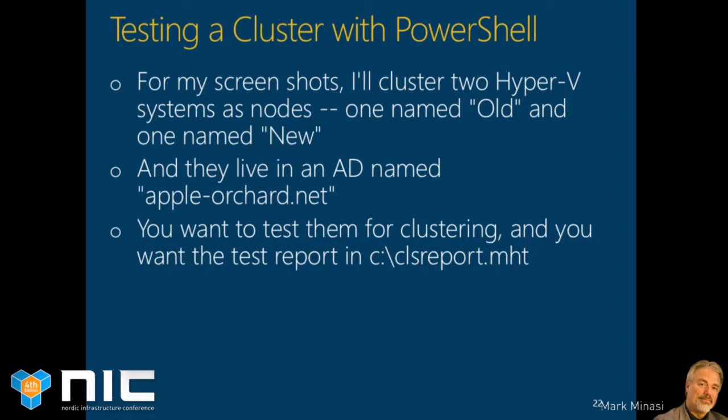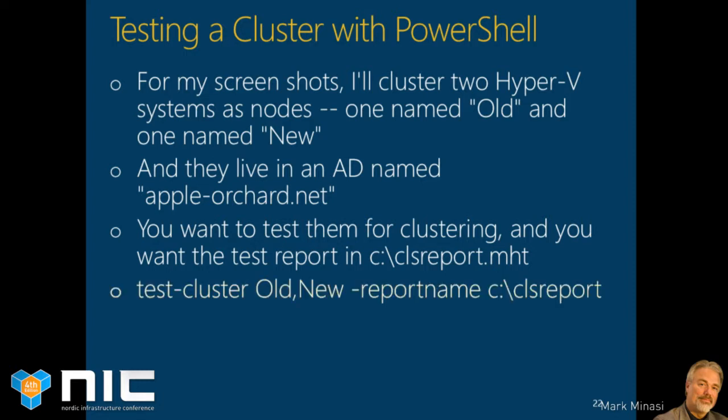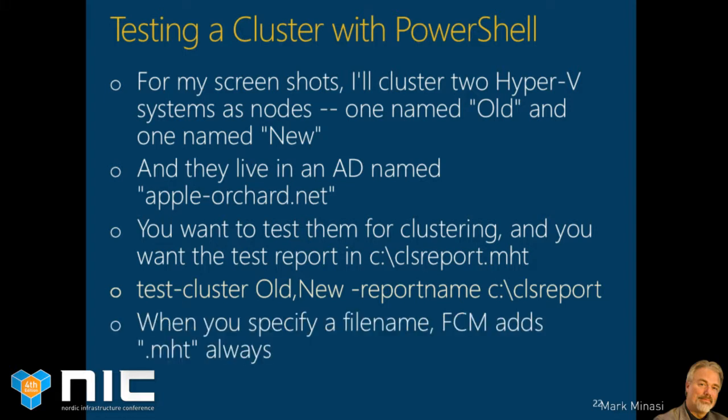You can't control MHT, so that's what the command looks like. Test-Cluster old, new. What are we doing? It's a comma-separated list of the nodes, the machines you want to make into nodes. Dash ReportName, c:\clsreport, and it will add the MHT for you.